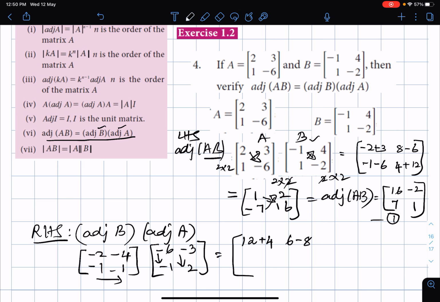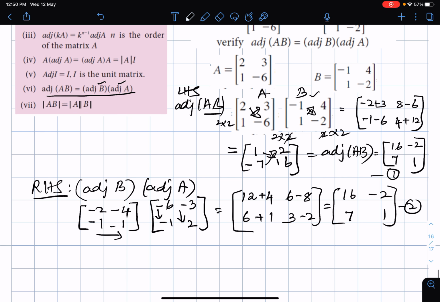Second row into first column: minus 1 into minus 6 gives 6, minus 1 into minus 1 gives plus 1. Similarly, minus 1 into minus 3 gives 3, and minus 1 into 2 gives minus 2. After simplifying, you get 16, minus 2, 7 and 1. This is your 2.